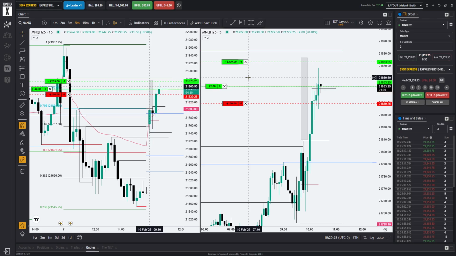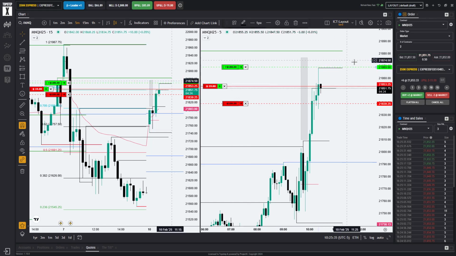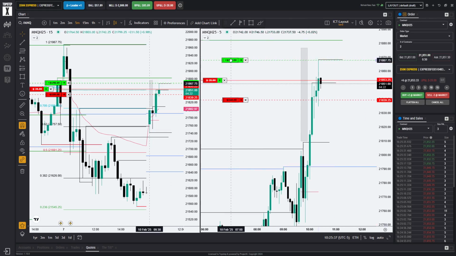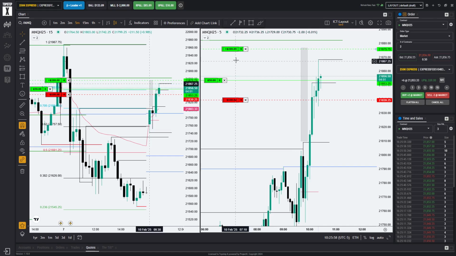And we have the 15-minute candle top up here. So we'll try to sell just in front of it. Or we'll do something else.